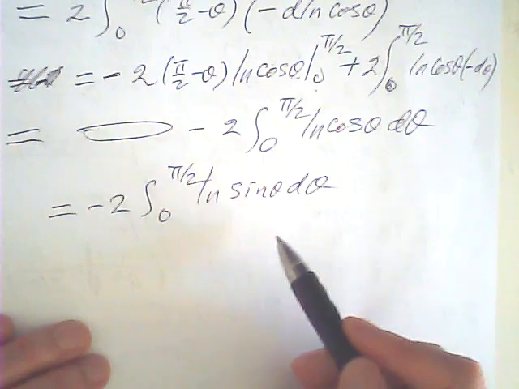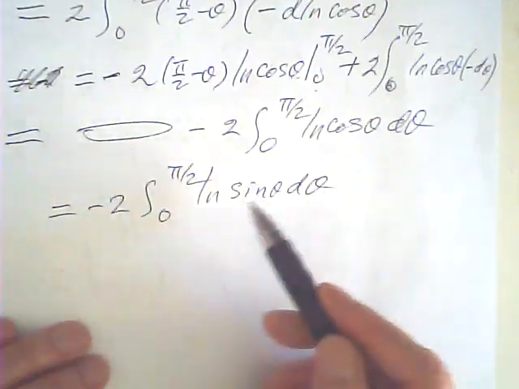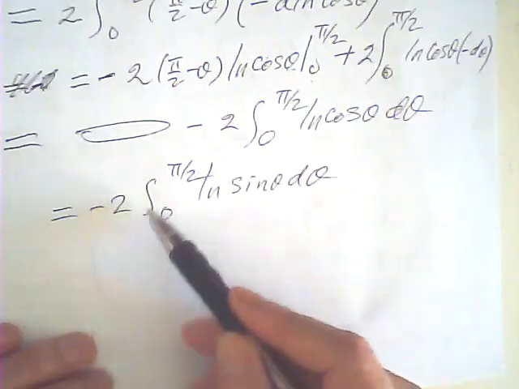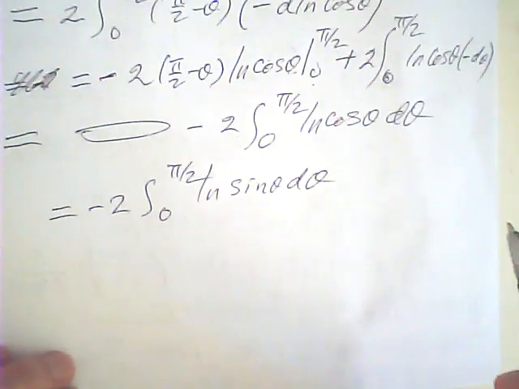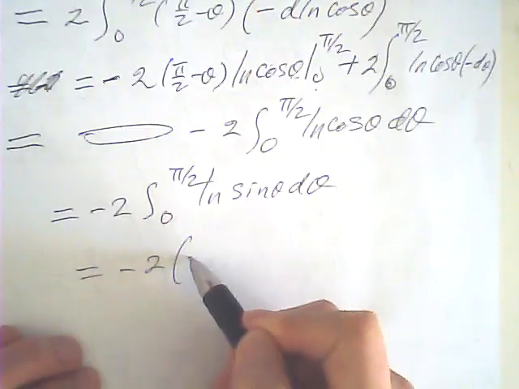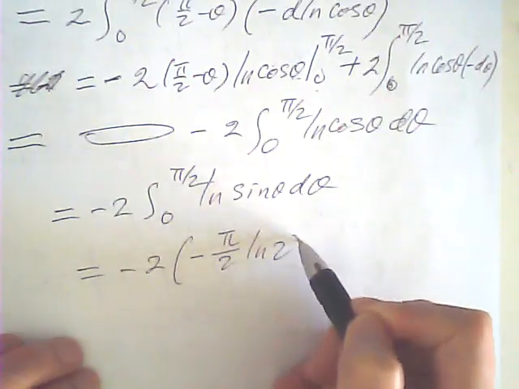Now, I don't want to repeat here how to integrate this one because I have a video showing this integral. The link is below. You can go see the details. So this one is equal to negative pi over 2 log 2.